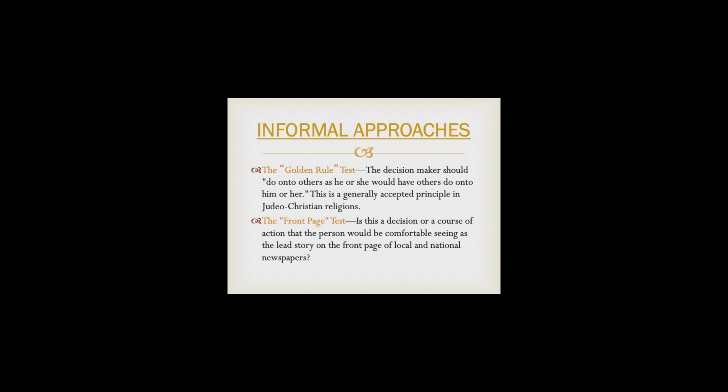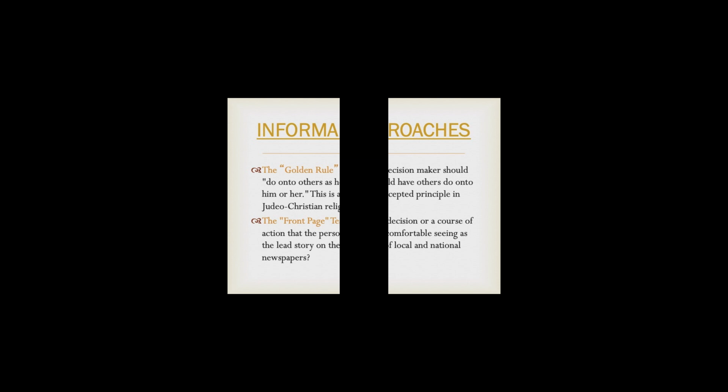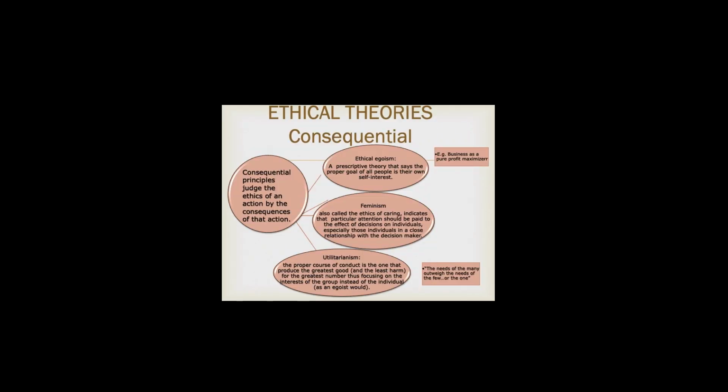There are other more formal approaches to ethics, and they're divided into consequential and non-consequential theories. The idea being that when you look at an ethical dilemma, you look at what the consequences of that decision might be. So you judge the ethics of an action by the consequences of that action.